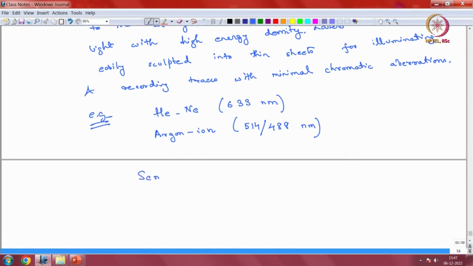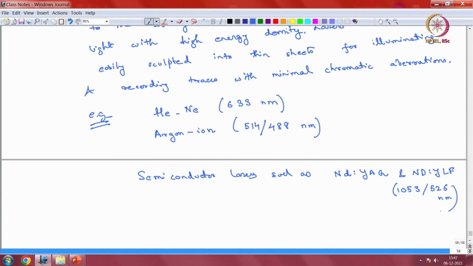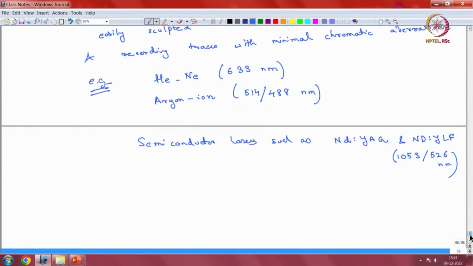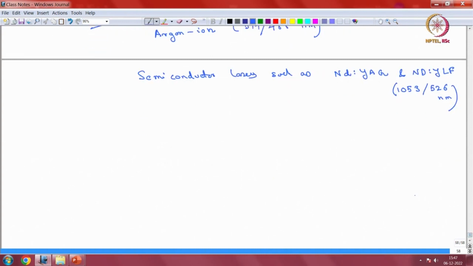Semiconductor lasers are also quite popular, such as Nd:YAG and Nd:YLF lasers. This, for example, usually comes in two different wavelengths, 1053 and 526. The natural wavelength is the higher one, and then you can do a frequency doubling and end up with a 526 nanometer wavelength also.